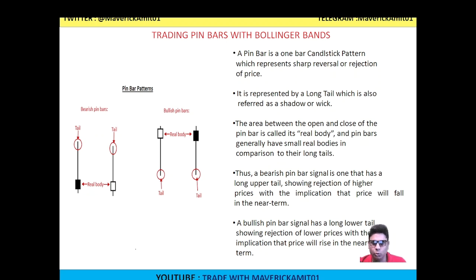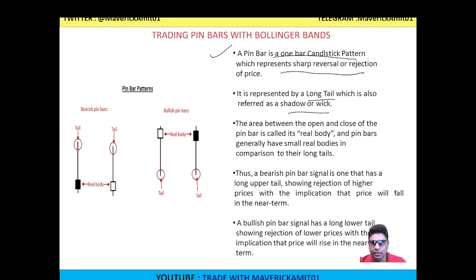Okay, before we go into the identification part, let us understand the details about the pin bar. Friends, a pin bar is a one bar candlestick pattern which represents a sharp reversal or rejection of price. As I mentioned earlier, it is represented by a long tail, which is also referred to as a shadow or wick.